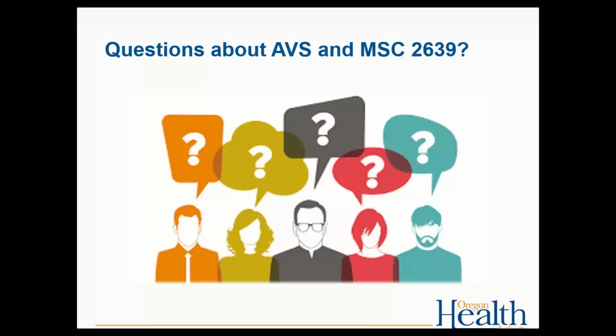And moving on to AVS and the MSC 2639, we have a question. What if someone is in the process of divorce or is legally separated, or if there is an abusive situation and disclosing the location of a spouse may be harmful?